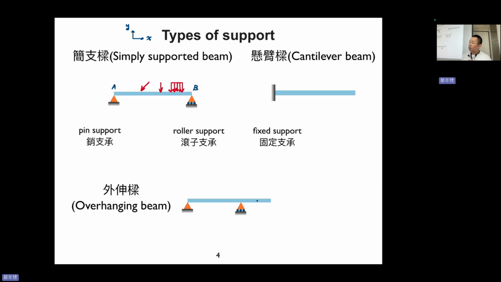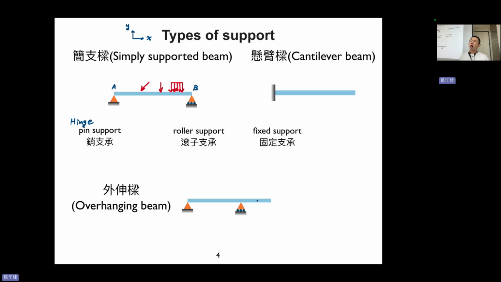Okay, now I will firstly introduce pin support. For pin support, I will give you a symbol, a triangle symbol. It's a pin support. Pin, 大头钉, just like a pin on the wall, with two fingers. Ding. All right. So we also call this hinge support.